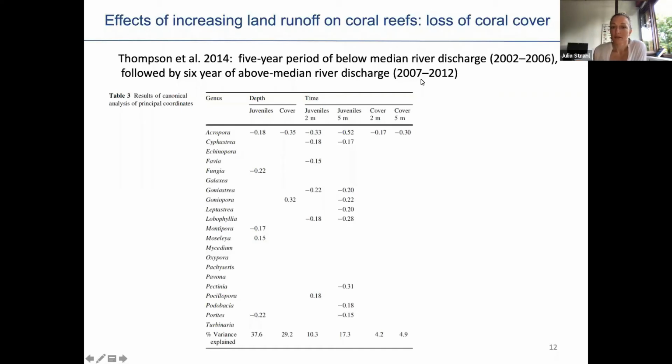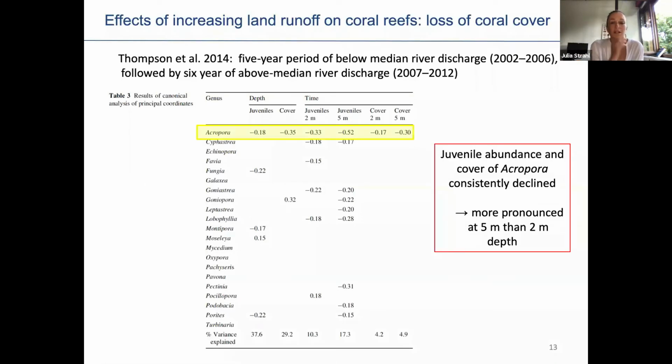And these years included a 5-year period of below median river discharge from 2002 to 2006, followed by 6 years of above median river discharge from 2007 to 2012.